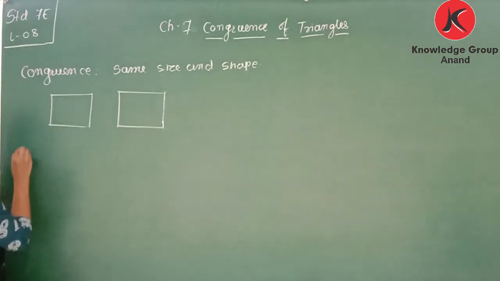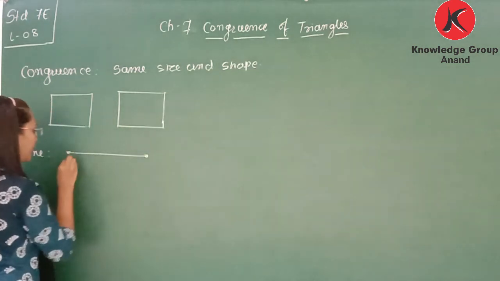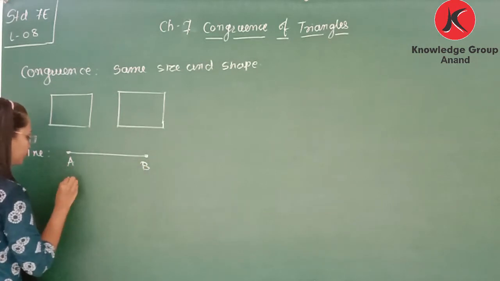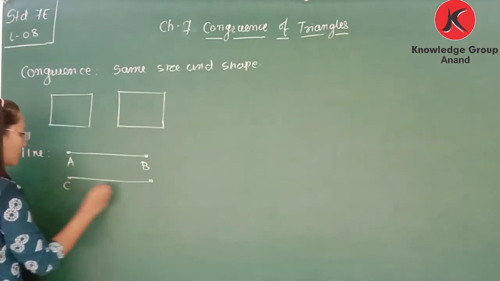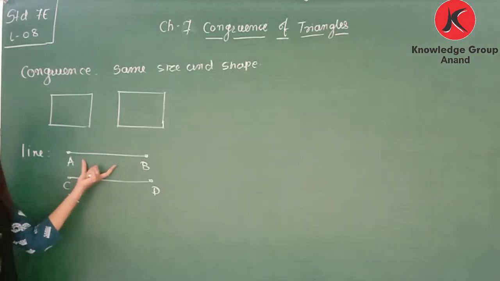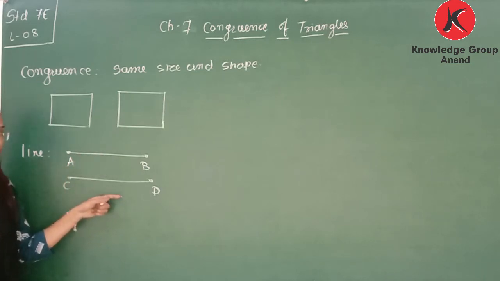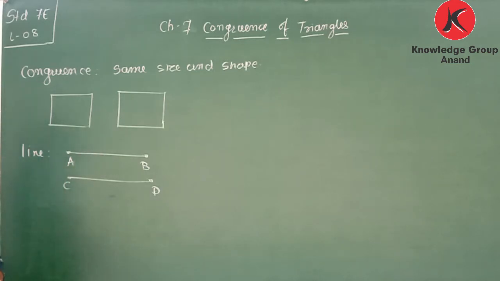Now, congruency of lines. Again, if we have two lines AB and CD, how can we say that these two lines are congruent? If we take a copy of AB and superpose it on CD, and both completely overlap each other, then they are called congruent.